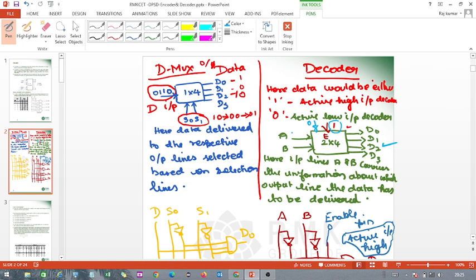If you have preferred working with an active high input decoder, then the input data you're going to deal with is 1. So input data is 1, we know, but to whom to deliver? So here in a decoder, from input to output, what you're going to describe now is the line information, the one whom you want to deliver to.